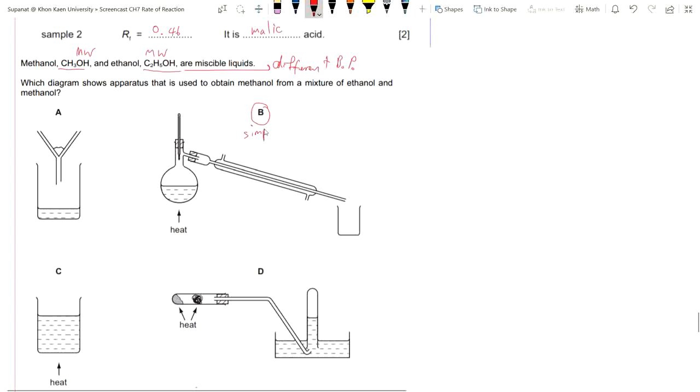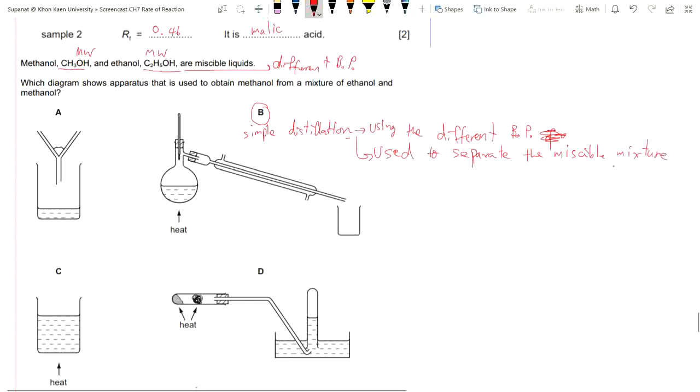The simple distillation, because it uses the different boiling points to separate the miscible liquid mixture. Okay, so the correct answer is B.